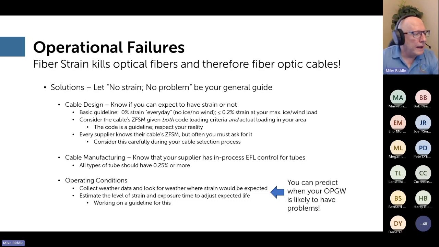You can use that data to estimate how much strain you've had and how much time you've had above the 0.2% limit, and you can directly calculate an expected life from that. It's really that simple. You can predict and estimate when your OPGW is likely to have problems.